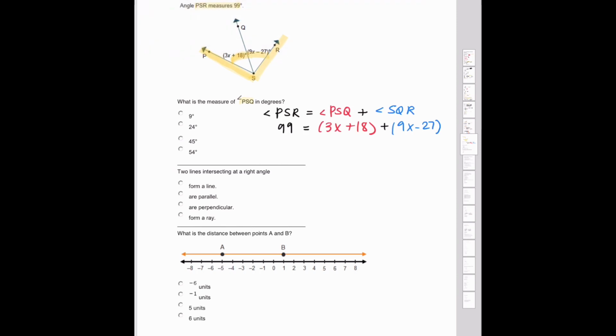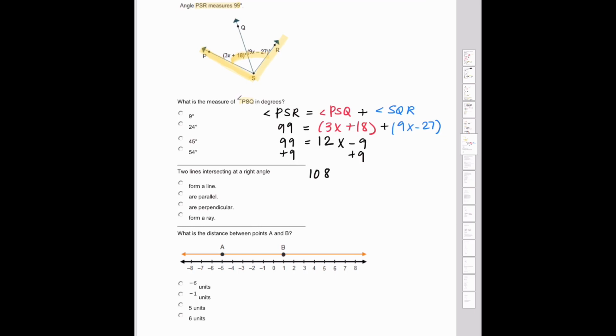If we combine like terms, we can identify that 3x plus 9x is equal to 12x. 18 minus 27 is equal to negative 9, which gives us 12x minus 9 equals 99. Now, we would take the 9 and add it on each side, which gives us 108.